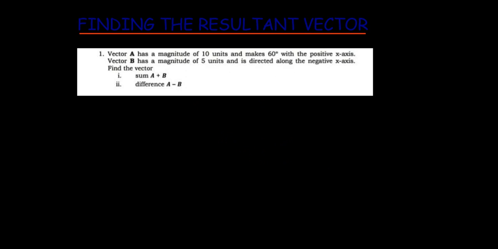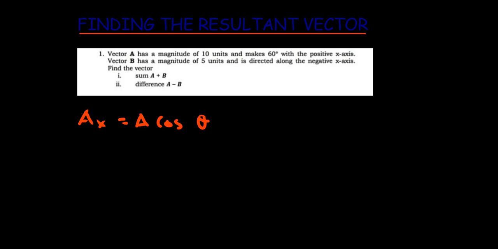Now to find the components of the vector A, we have to find the x component and the y component. The x component is given by the formula A cos theta. This is how we find the x component.